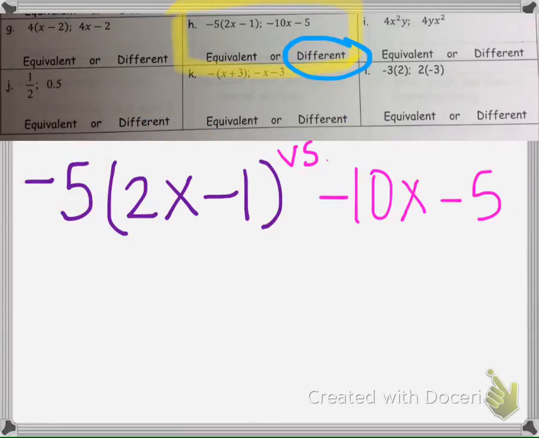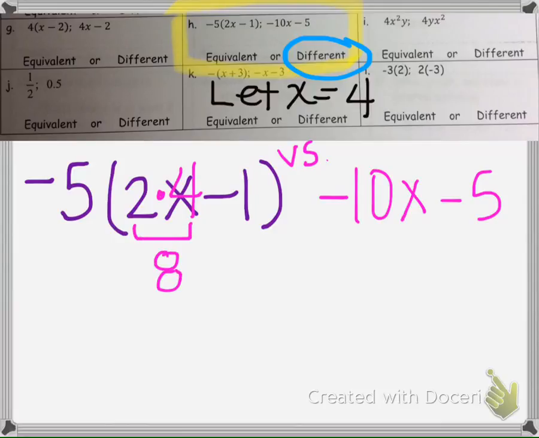Okay, another way to prove that these are not equivalent is to pick a random number for x. So I'm going to let x be 4, and I'm going to take out this x and put a 4 in. Order of operations says we do the parentheses first, so 2 times 4 is 8. 8 minus 1 is 7. So this negative 5 is next to the parentheses, so we know that this means to multiply here.